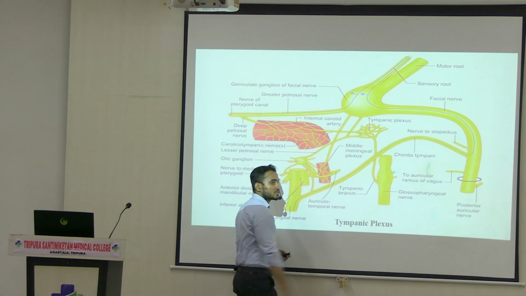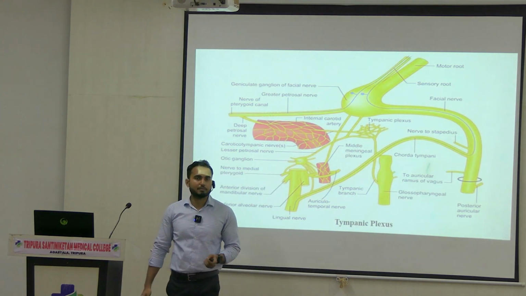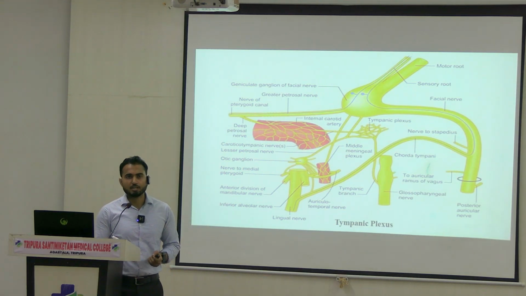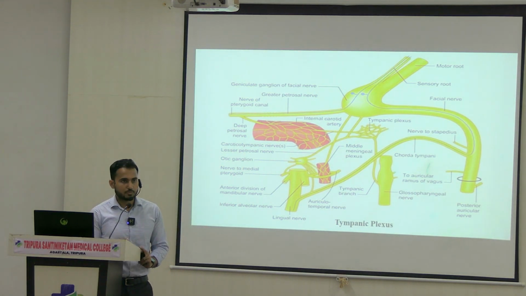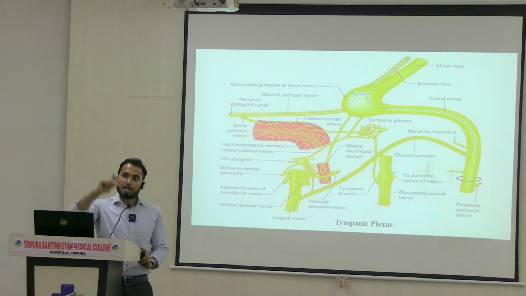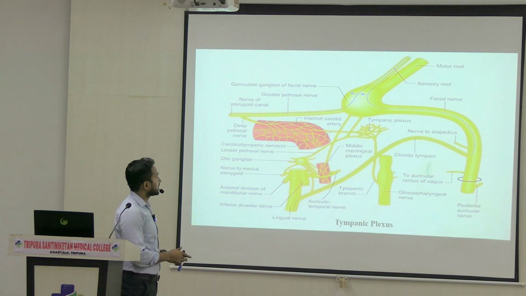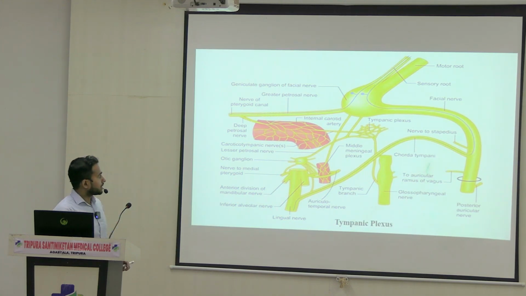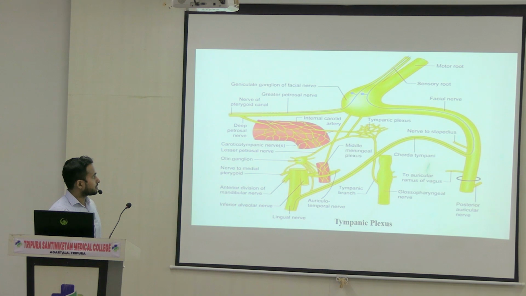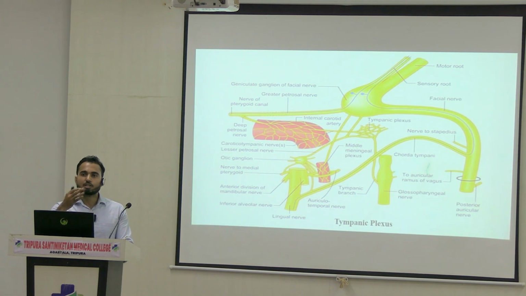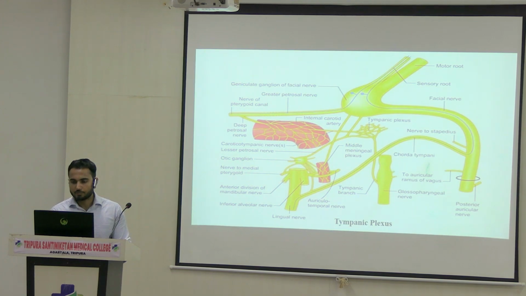Now this tympanic plexus will supply the mucous membrane of the middle ear cavity. Along with that, it will also supply the mastoid air cells and the bony part of the auditory tube. One nerve is coming out of the middle ear cavity. That is the lesser petrosal nerve. What will it do? It will supply the secretomotor fibers for the parotid gland via the otic ganglion. So that is the nerve supply.